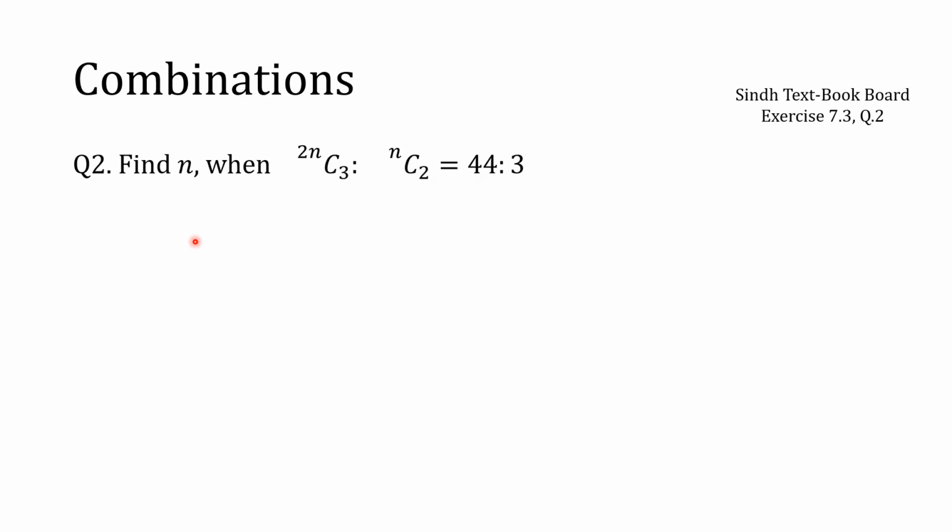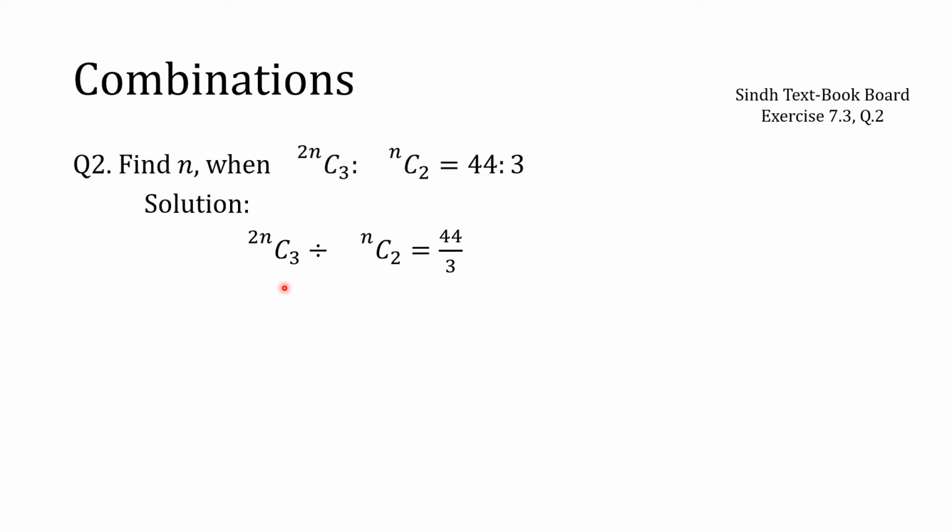In this question, we have to find the value of n when the number of combinations of 3 from 2n different objects to the number of combinations of 2 from n different objects is in the ratio 44 to 3. We can see that the ratio can be written in fraction form.